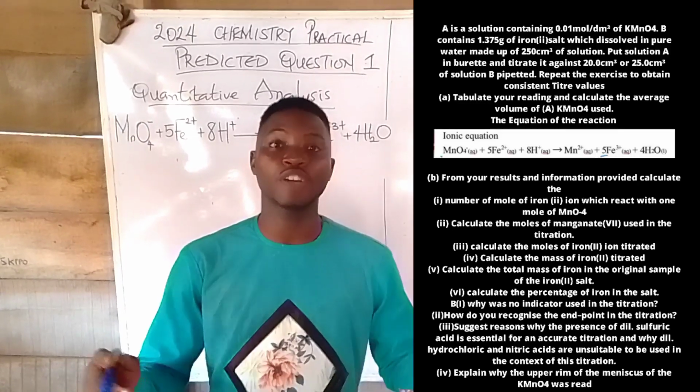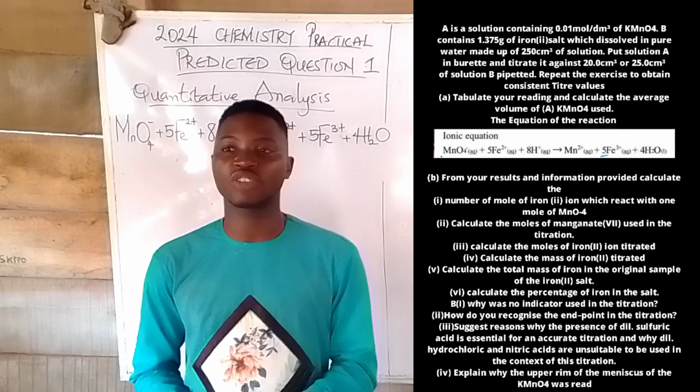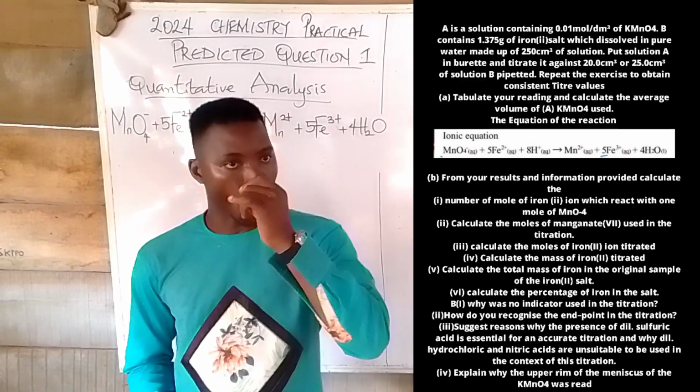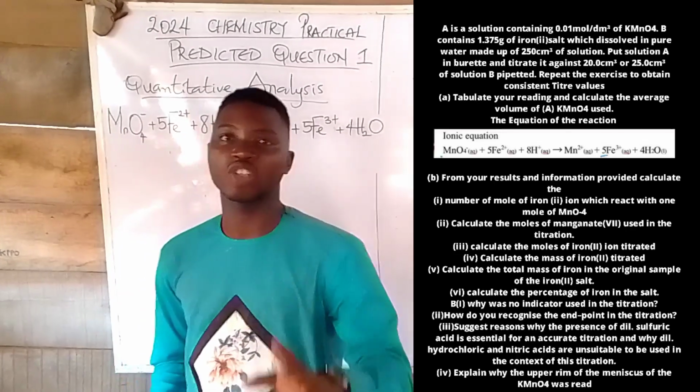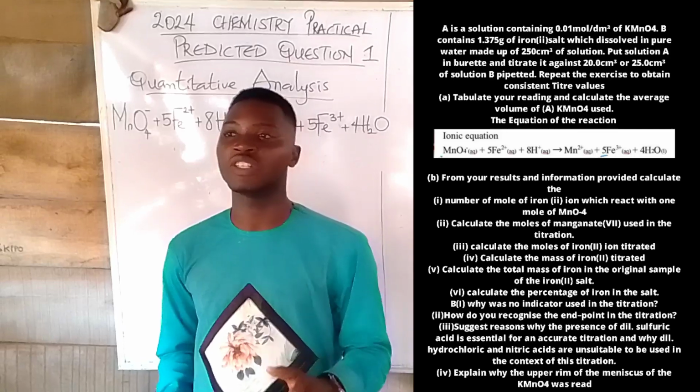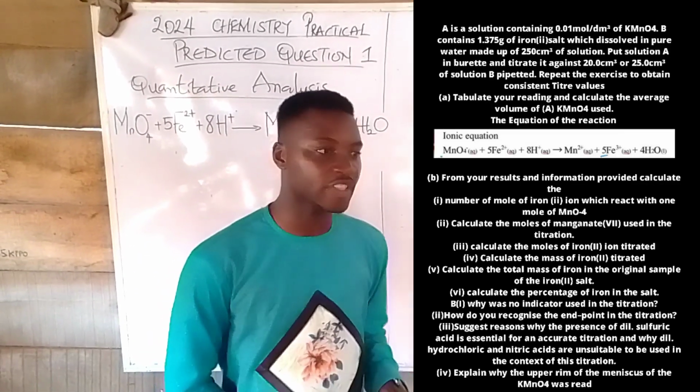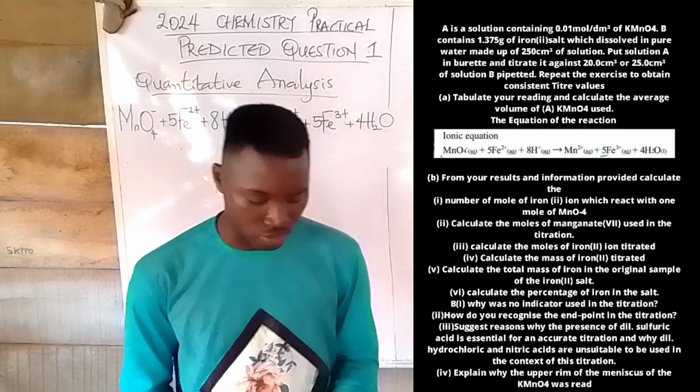I believe many of us know that the titration for this year is going to be between KMnO4 and FeSO4, where we are going to be using H2SO4 inside FeSO4, that is iron sulfate salt.